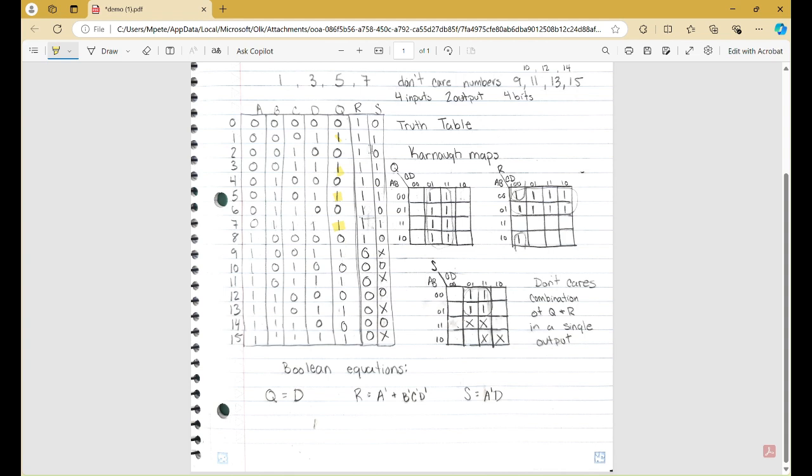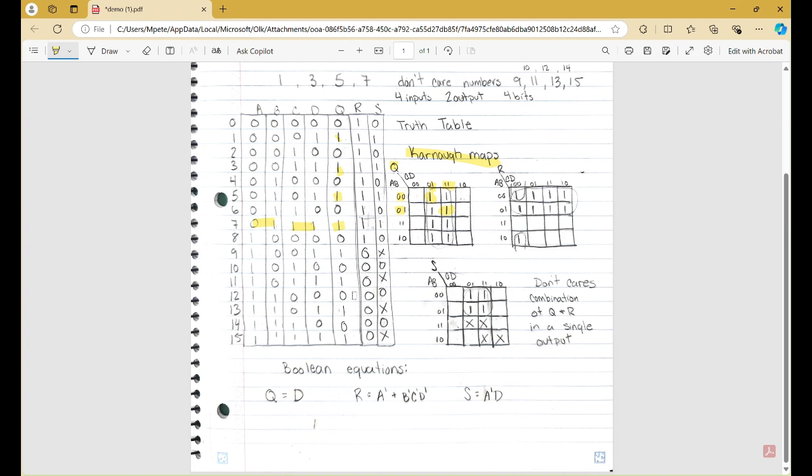And then I went ahead and made a K-map for Q, and that is over here. So let's do a couple of those. In this truth table, we have 0, 0, 0, 1, and that comes to here. And then for another one, we'll do 7. We have 0, 1, 1, 1, so that'd be here.